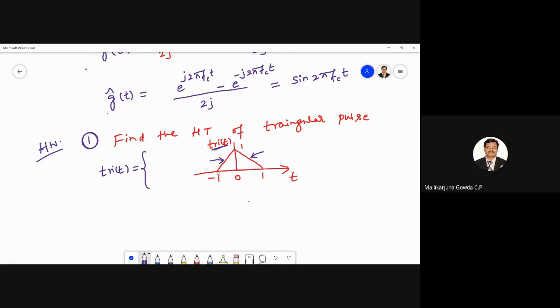You start from this point. It is increasing, with a slope of positive 1. Here slope is plus 1 and here it is decreasing, from 0 to 1, so this is having a slope of minus 1.